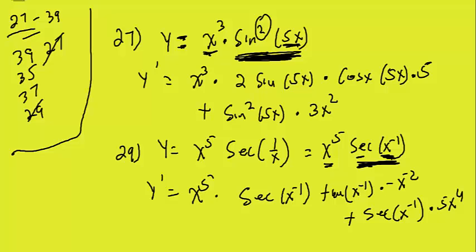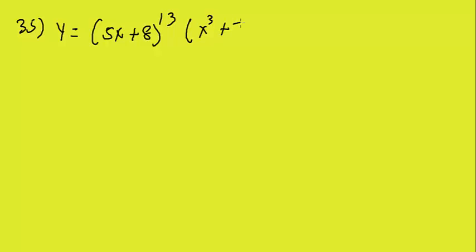35, 37, and 39. Okay, let's go with 35. 5x plus 8 to the 13 times x to the third plus 7x to the 12th.